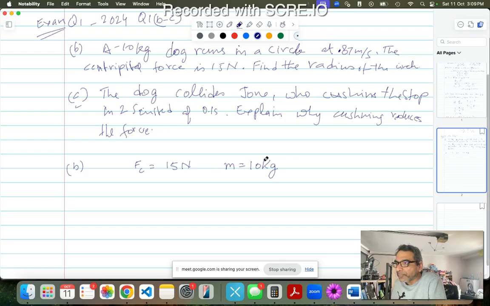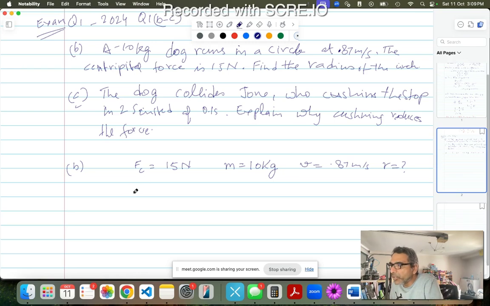Then we have speed, which is 0.87 meter per second. We need to know the radius equals what, right?